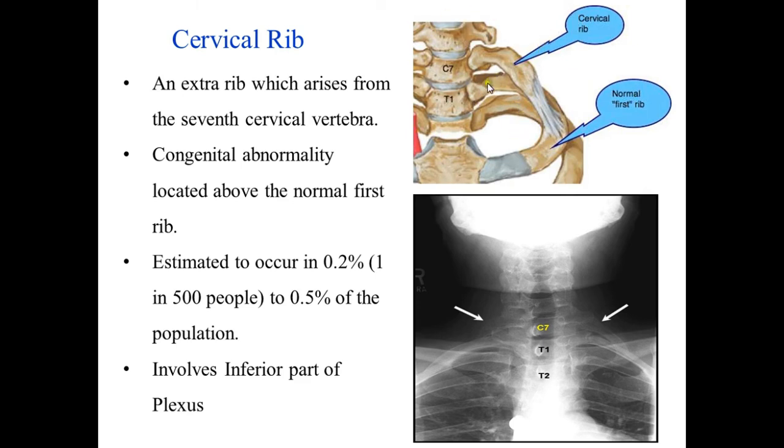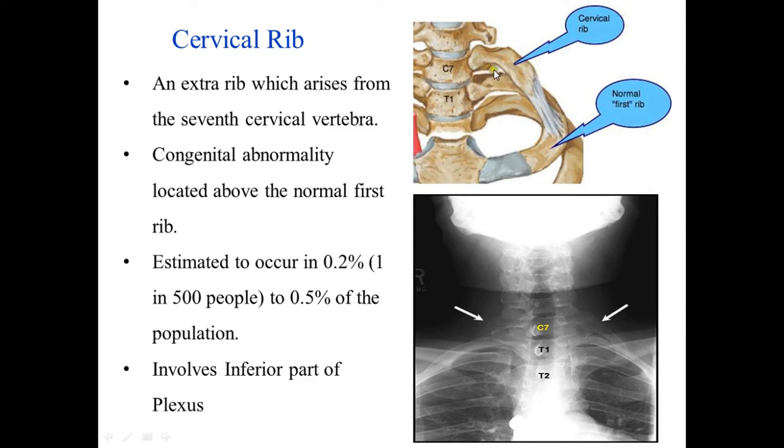Now what happens in the cervical rib is that it compresses the nerve root, because over here you can see the passage of the nerve is limited for the normal existence. When another thing develops at the normal site or the normal road, what happens?